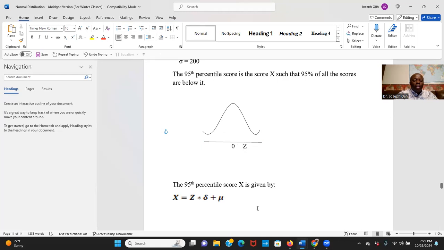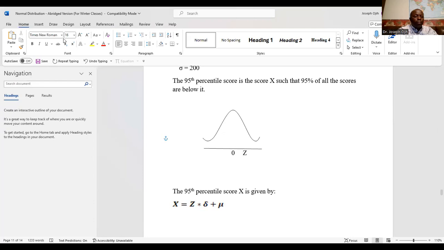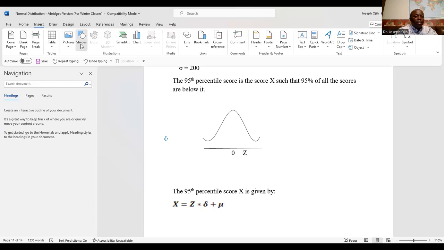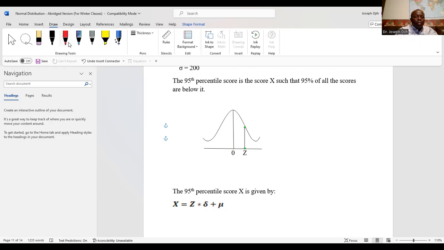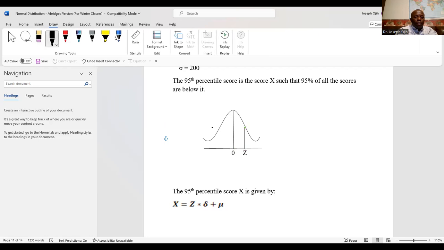Now we can put the center line here, and then we put the Z line so that we're talking about this area.